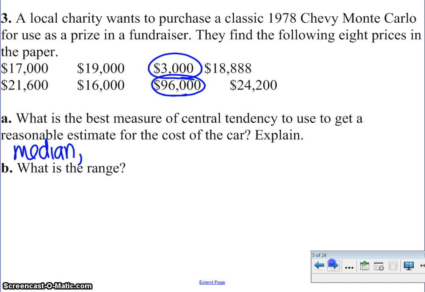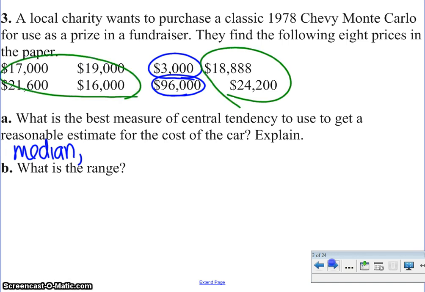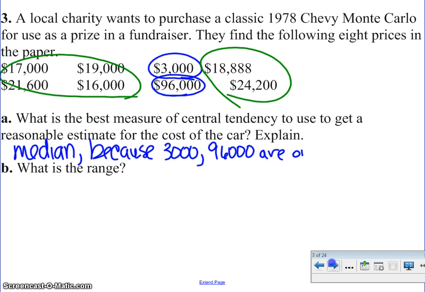As you can see, the rest of these fall within about $5,000 of 20,000. But these others are way off, and so it is going to be the median, because 3,000 and 96,000 are outliers. And yes, I do need you, when you're explaining, to identify what the outliers are.